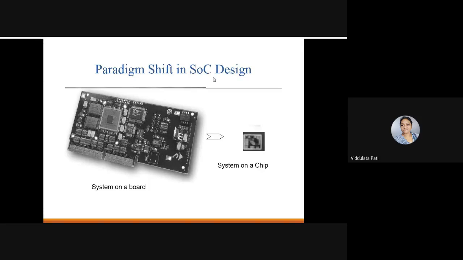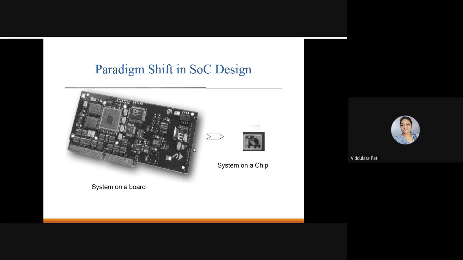So if we look for the paradigm shift in a SoC design, okay. Now in earlier days there was a system on a board, okay. That means that we have a PCB board and on that all the system were present. So it was having CPUs, then all FPGAs, all the components, that means whatever are the resistors and all that required, other ICs that required, then voltage supply regulators, here you can see that is also present on a single board, okay.